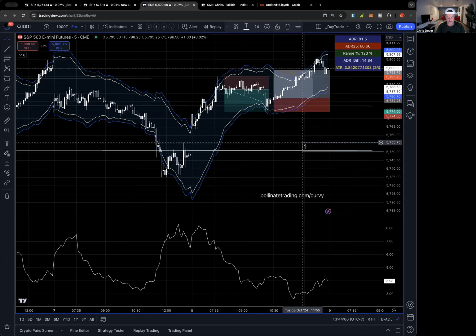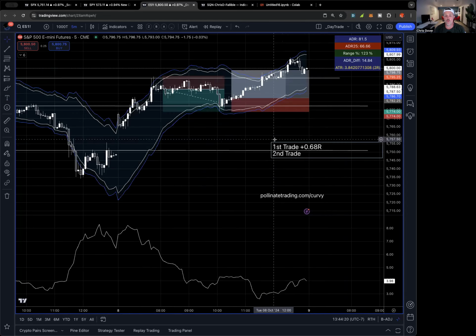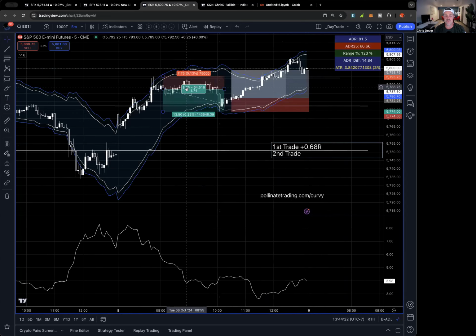Okay, first trade plus 0.68R, and then second trade. So I haven't done that one yet. So we're in this trade. It tells me to go to 2R profit target, maybe even trail stop, just to make sure I keep some profits of it. I ended up getting 3/4, 2/3 of a R on that.